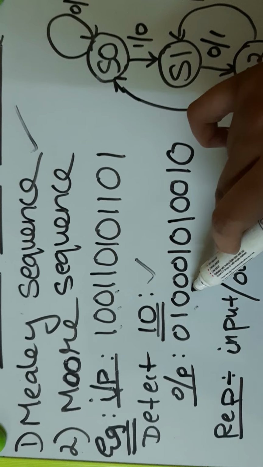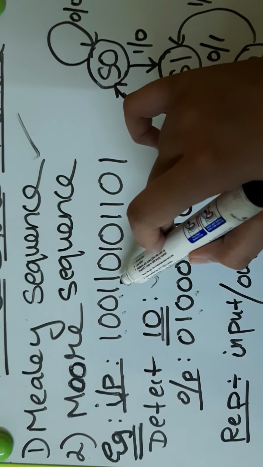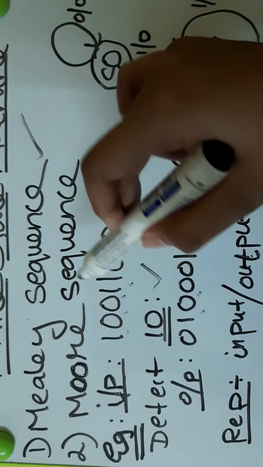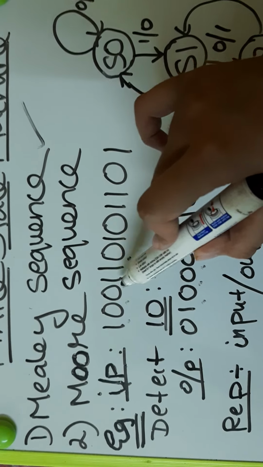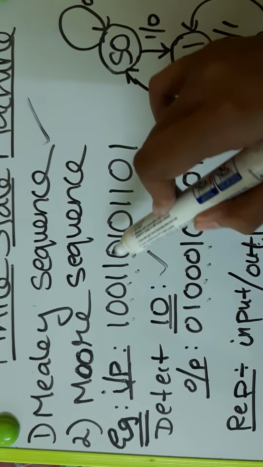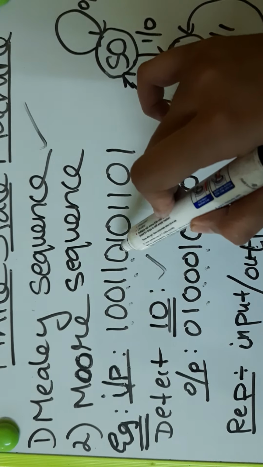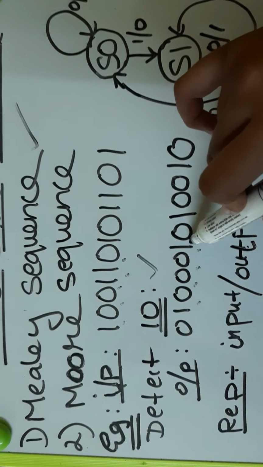So it is 0. Next comes 1. So 0, 1 doesn't match, so 0 again. Next comes 1. So 1, 1 doesn't match, so 0 again. Next comes 0. 1, 0 matches, so here again my output becomes 1.